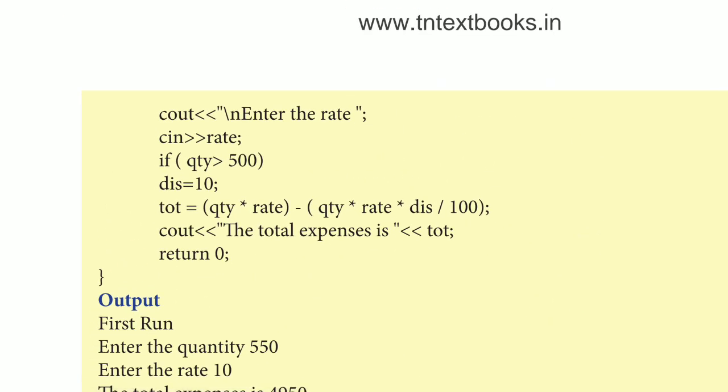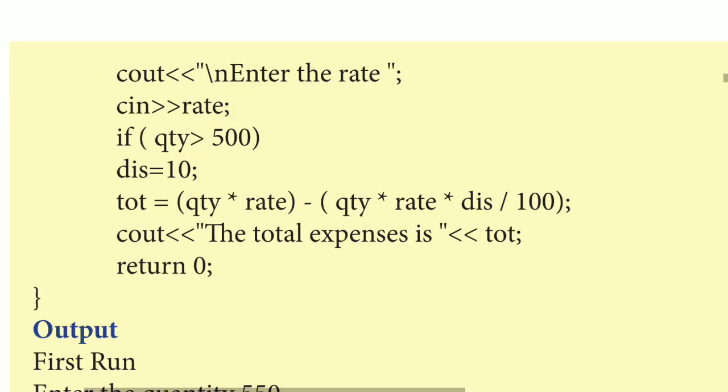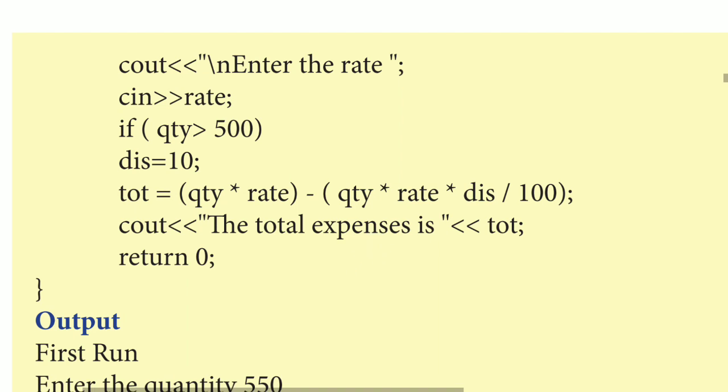Now they are asking for the rate of the quantity. For one particular quantity, how much is the price or the rate? That is the rate, and it is also stored in rate. See that if qty is greater than 500, so if you get 500 products, you get a discount of 10%.